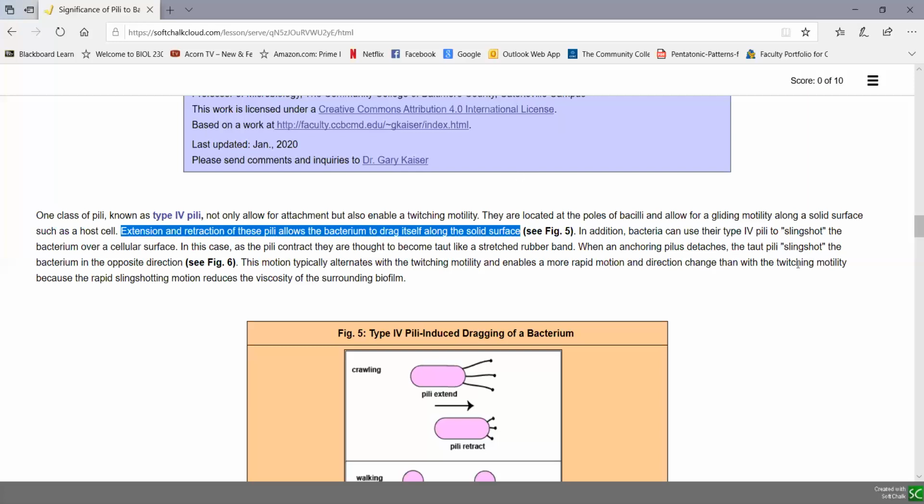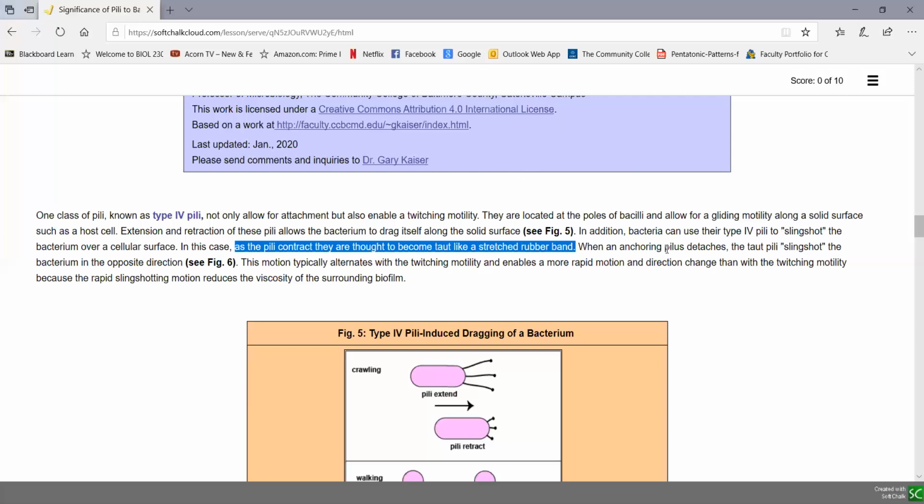Bacteria can also use their type 4 pili for a slingshot type movement for a short distance over a cellular surface. In this case, the pili attach from two different directions, and as the pili contract, they become very taut like a stretched rubber band.